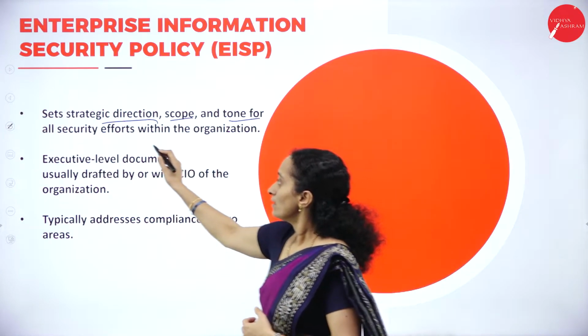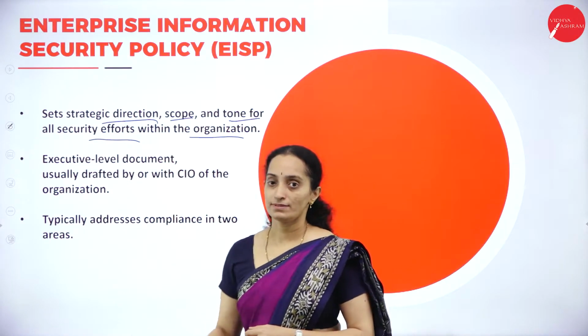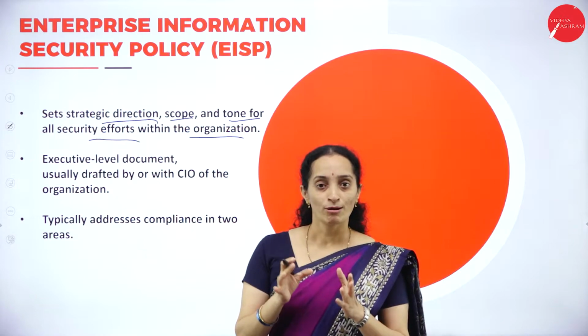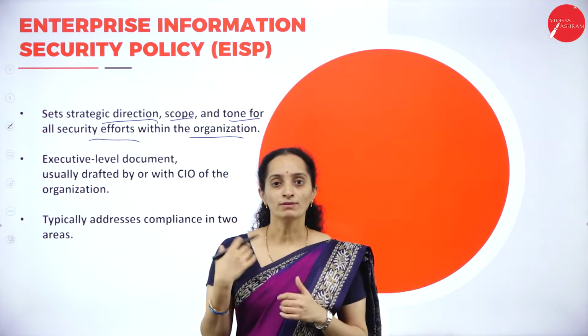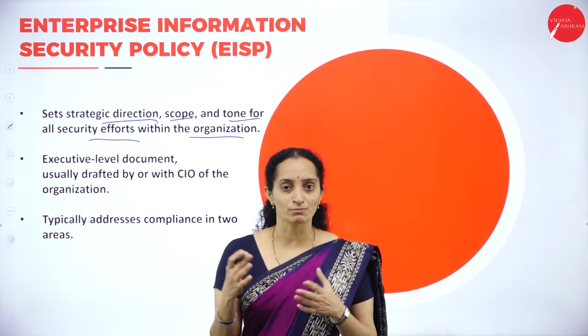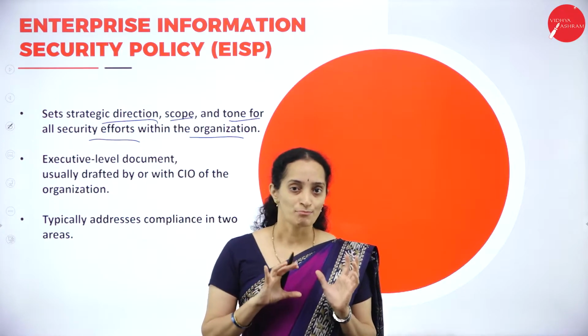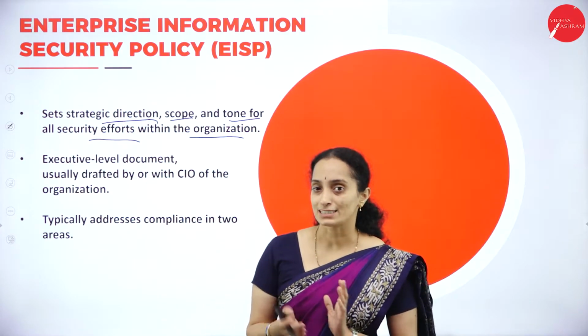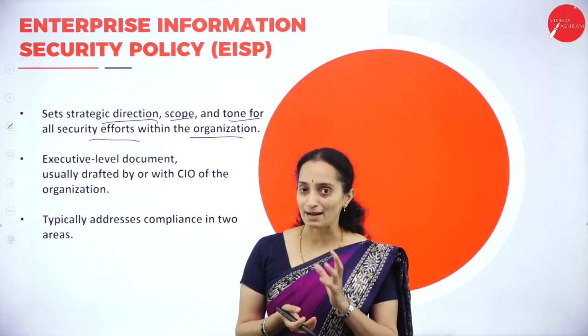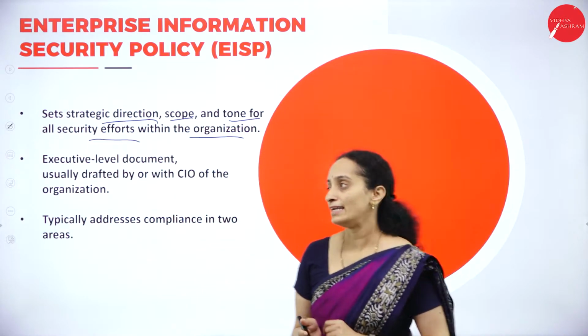And all the security efforts needed within the organization to maintain or operate that model. You cannot just put in any security measures in the organization. There are certain models built by international organizations that can help you to have better security of your data in a network.